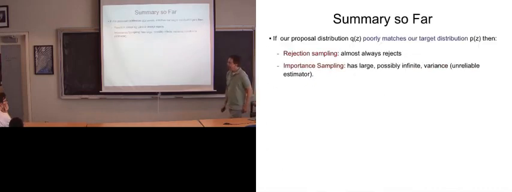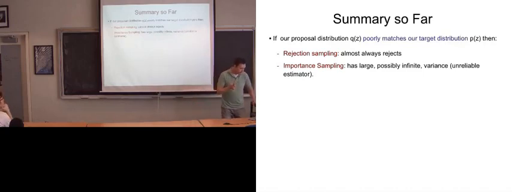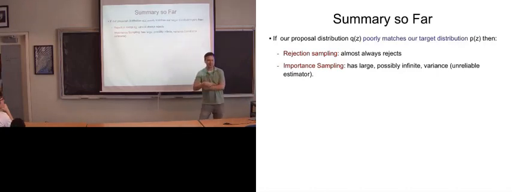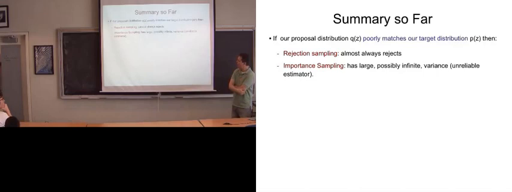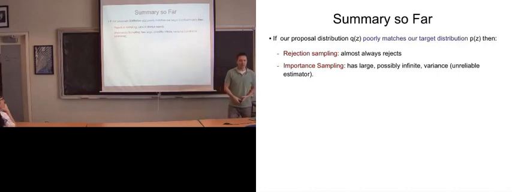So, summary so far. One thing to keep in mind is that if the proposal distribution Q poorly matches the target distribution P, then rejection sampling almost always rejects. If there is a mismatch between the two, you'll just be wasting your computing time. Importance sampling will have large, possibly infinite variance, and you'll get unreliable estimates.